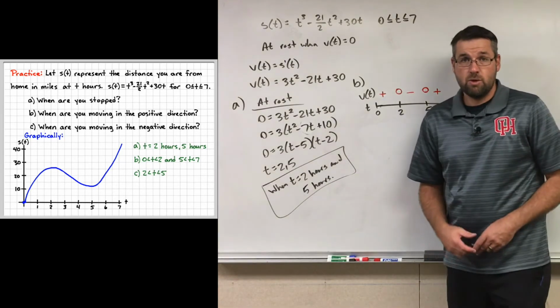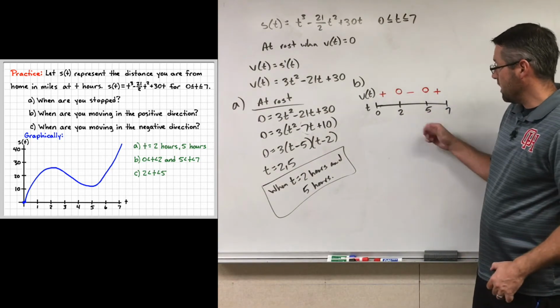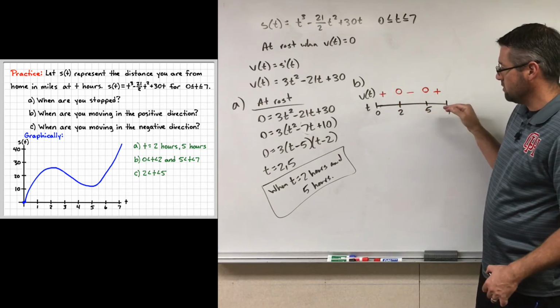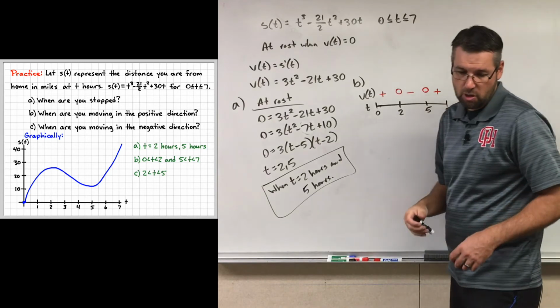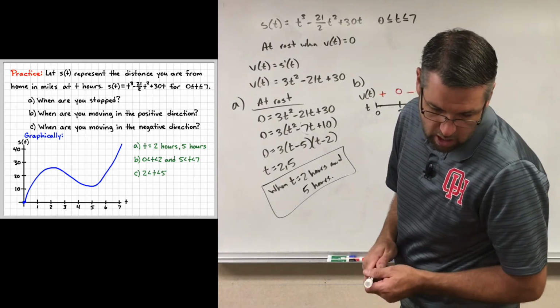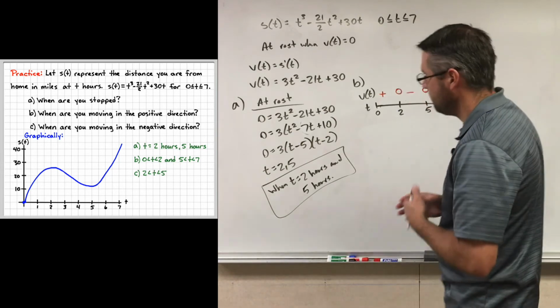Okay? So now that we have this number line that represents the signs of velocity over all these different intervals, I can answer the question in part B pretty easily. And the question in part B said, when are we moving in the positive direction?